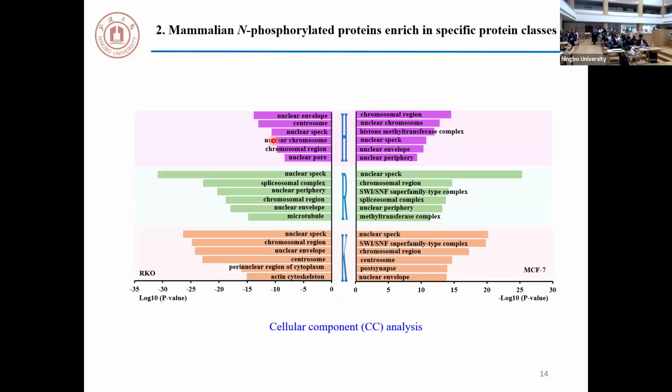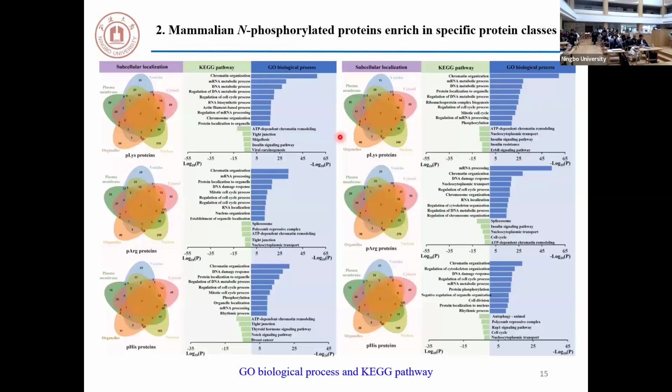The cellular component analysis shows these proteins serve as components of the nuclear envelope, centrosome, and nuclear speckle. And biological process analysis shows those proteins are predominantly enriched in chromatin organization and RNA or DNA metabolic processes.